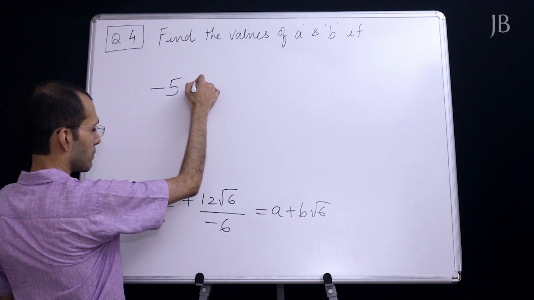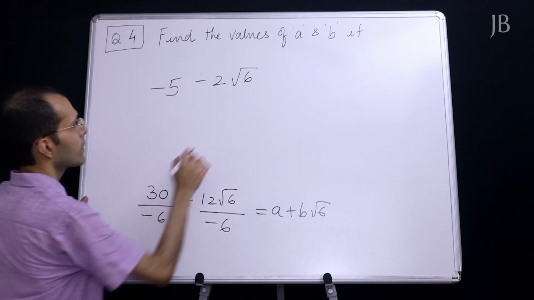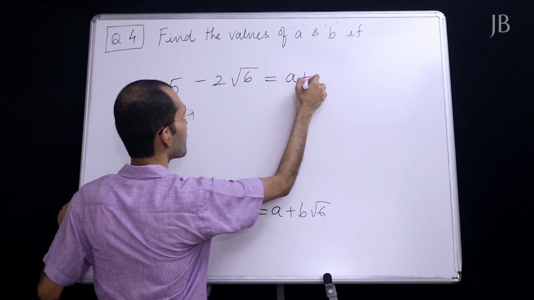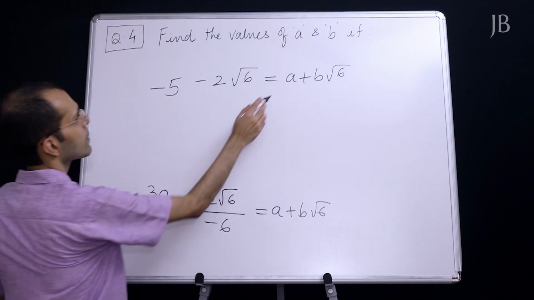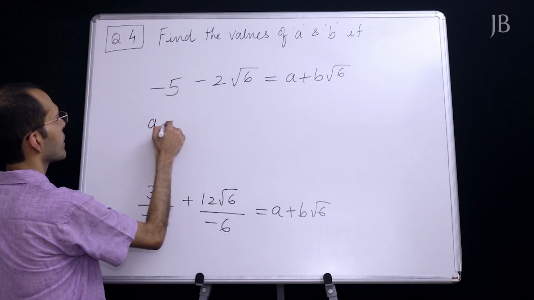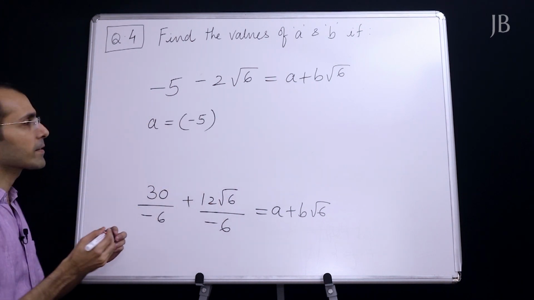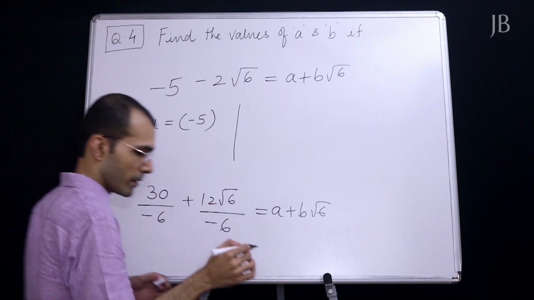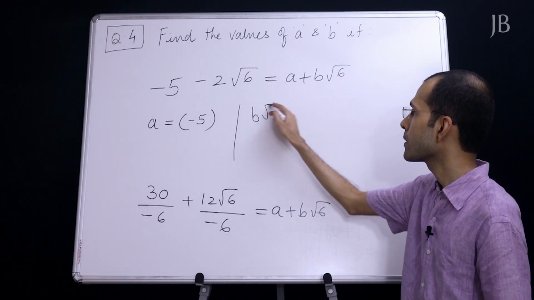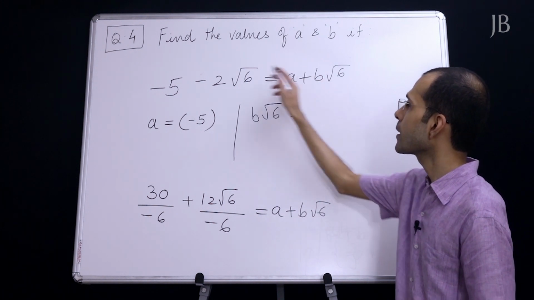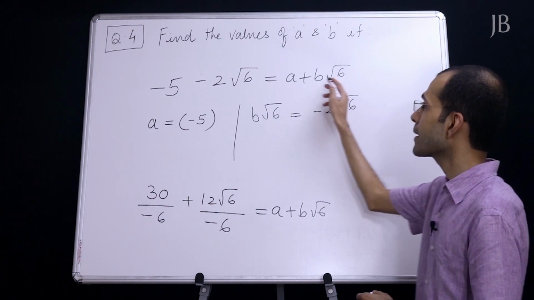So that would become minus 2 root 6 is equaling a plus b root 6. Now a will be minus 5. Now compare, all the simplifications are done. Now compare this. This is positive b root 6 is equaling what now? Minus 2 root 6. Take care of the signs here.